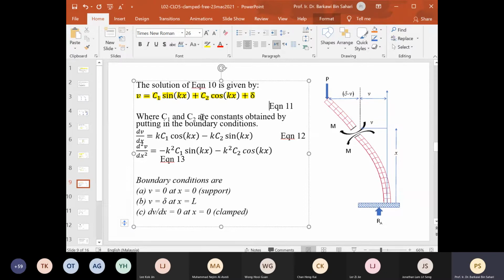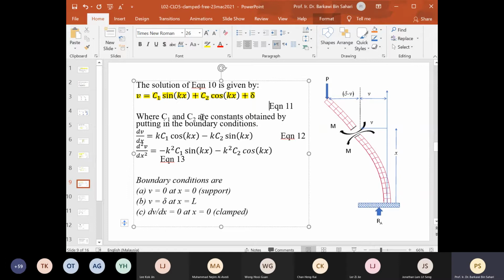Now, what are the known values? Usually deflection values, if we know exactly where they are. For example, at the constraint it is 0, then that place will become a boundary condition. If it is a free end, then bending moment is 0, so M equal to 0 is also a boundary condition.